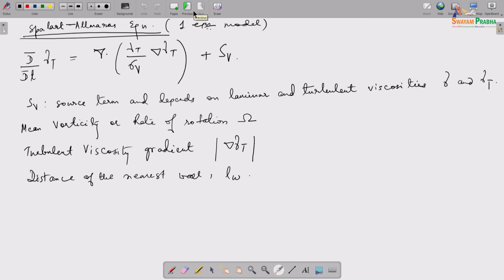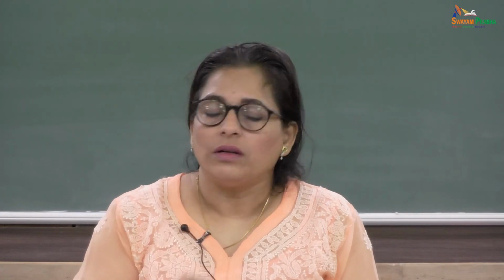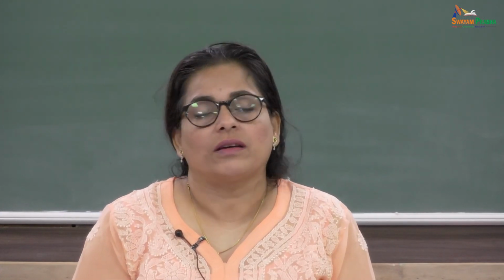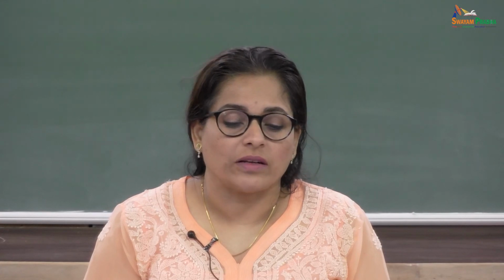So both of these essentially have two equations to solve, and they use the gradient diffusion hypothesis to model the flux. If you see, all the fluxes are essentially modeled on that hypothesis. Then finally, we also use a Spalart-Allmaras equation, and it's a one equation model.